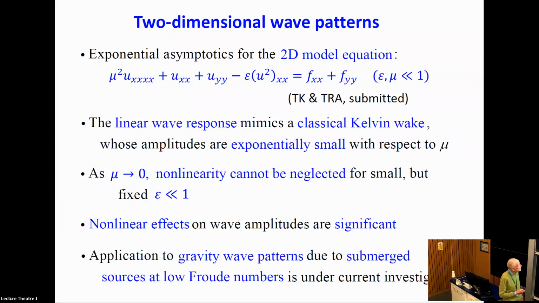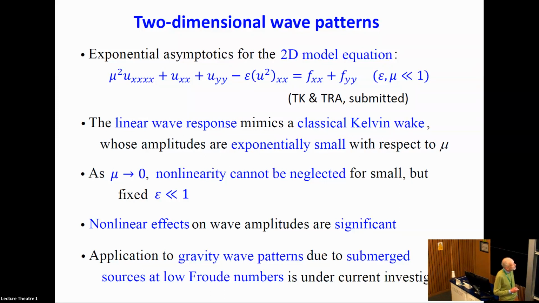So this is a useful equation for developing a nonlinear theory for nonlinear Kelvin wakes for low Froude numbers, okay? And indeed, with my collaborator, Takeshi Kataoka, who is on the faculty at Kobe University, we looked at this equation and we developed a two-dimensional exponential asymptotics for this one.